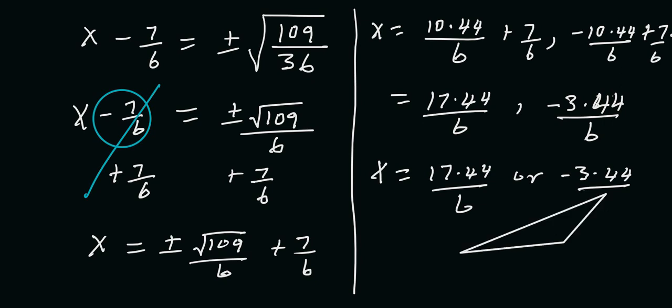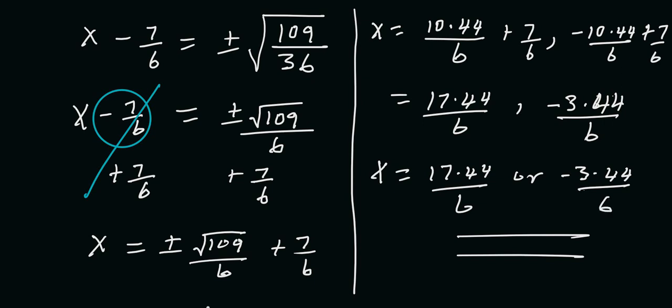I hope this question makes some sense. Hope it is clear to you. All right, so now let's quickly move on to question number 3. Please take note of this, negative 3.44 over 6. And yeah, so that is it for this question.